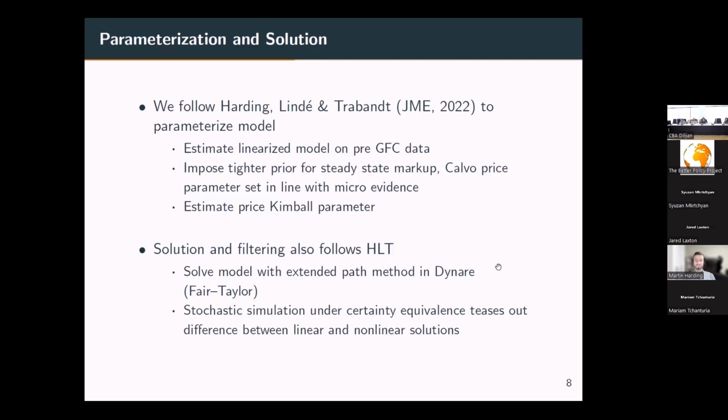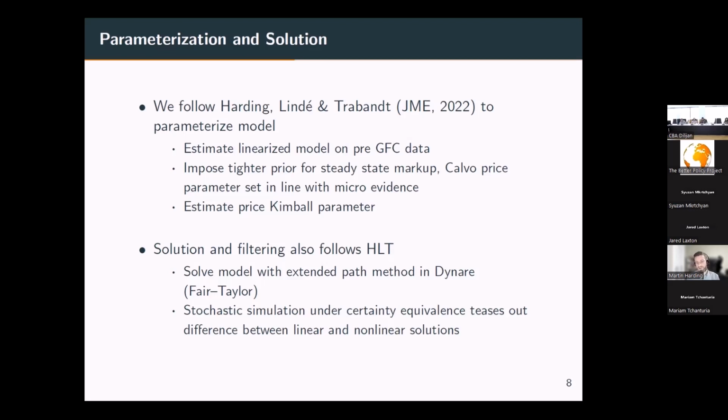Okay. And the way that we are going to solve the model, and also use it to do filtering exercises and take the nonlinear model to the data, is the extended path method as developed by Fair and Taylor. What this implies in practice is that we are able to do stochastic simulations in the nonlinear model under certainty equivalence.